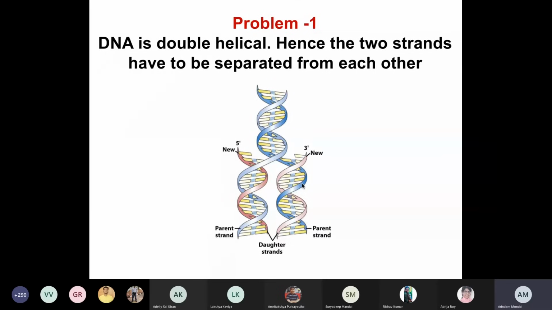Is it feasible? No, right? That means Mother Nature must have a strategy so that the two strands of the DNA could be separated from each other, so that the DNA replication could be initiated.